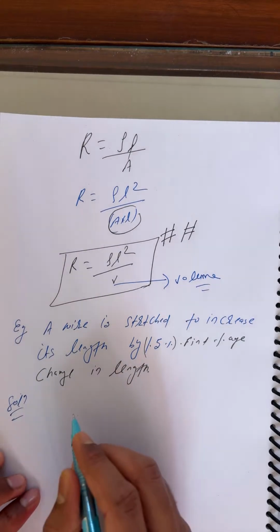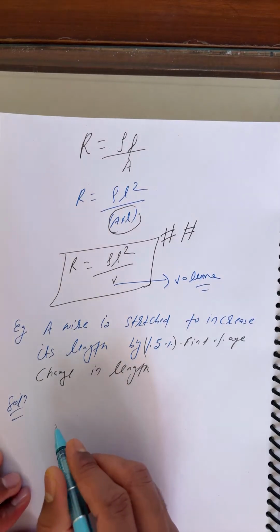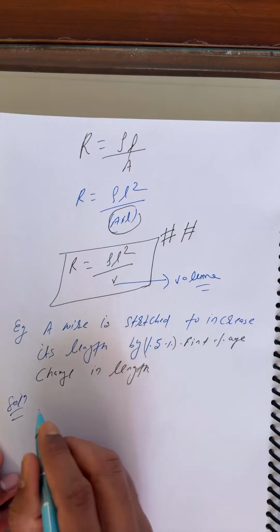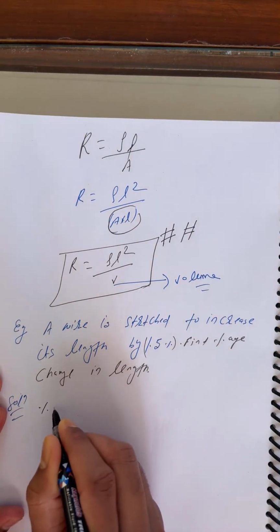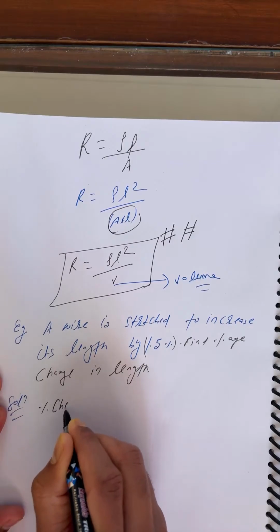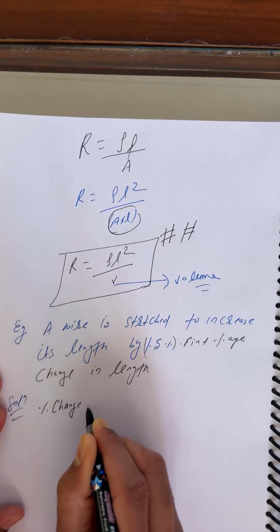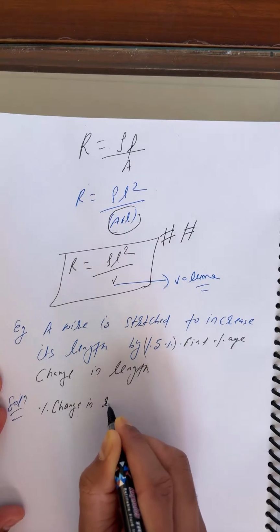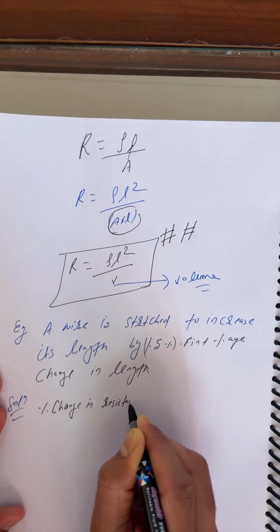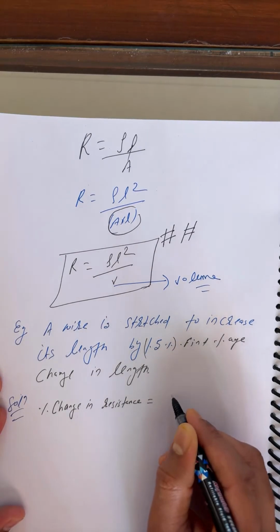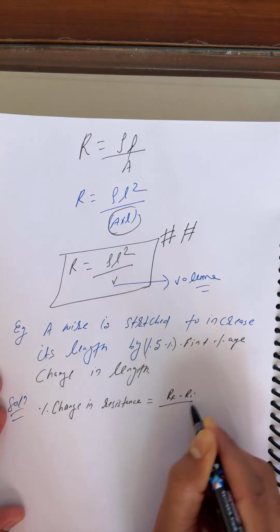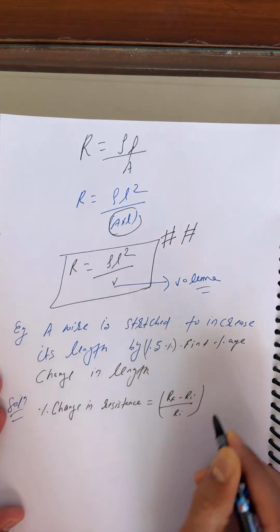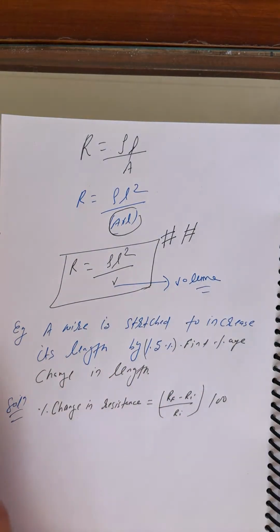First we remember the percentage change in resistance: R final minus R initial upon R initial into 100%.